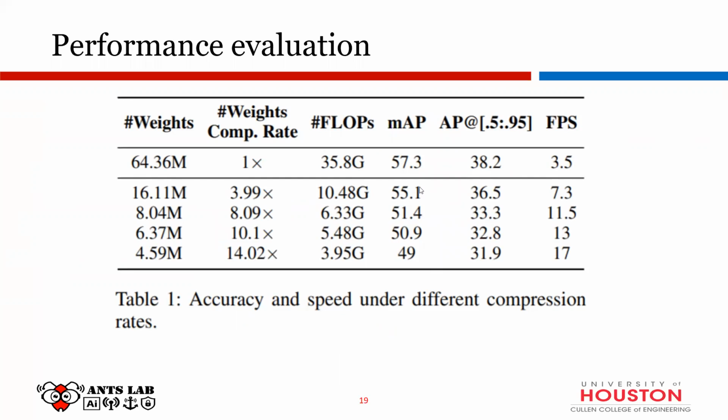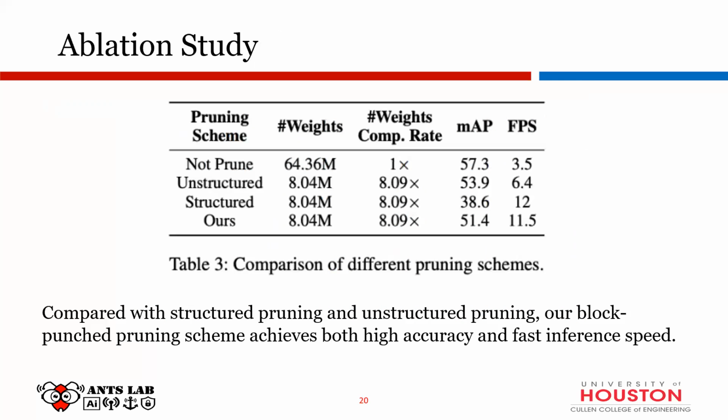As you can see, the model accuracy degrades very little, but the performance can be increased largely. And then they also compared with different pruning strategies. With the same pruning ratios, their proposed method has the best accuracy and the best trade-off between accuracy and performance.